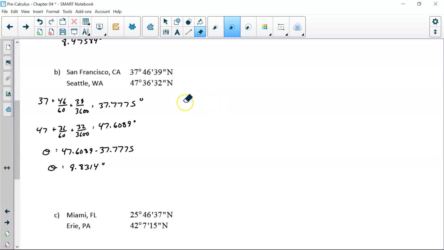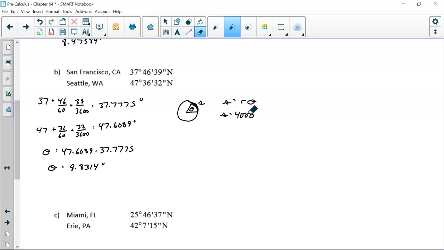Now we're finding the arc length. Remember, we know our radius, we know theta, we're trying to find this distance, S. So S equals R times theta. The radius is 4,000.